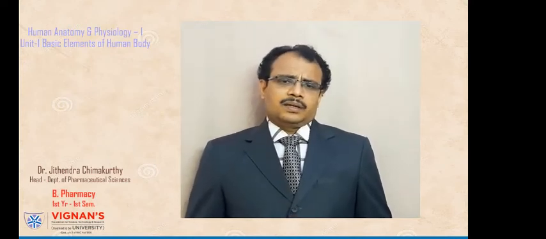The remaining systems include the peripheral nervous system and sense organs. So now we are discussing all the topics which you will be studying in your second semester. What are the systems that are left in the body? That is the peripheral nervous system and sense organs.